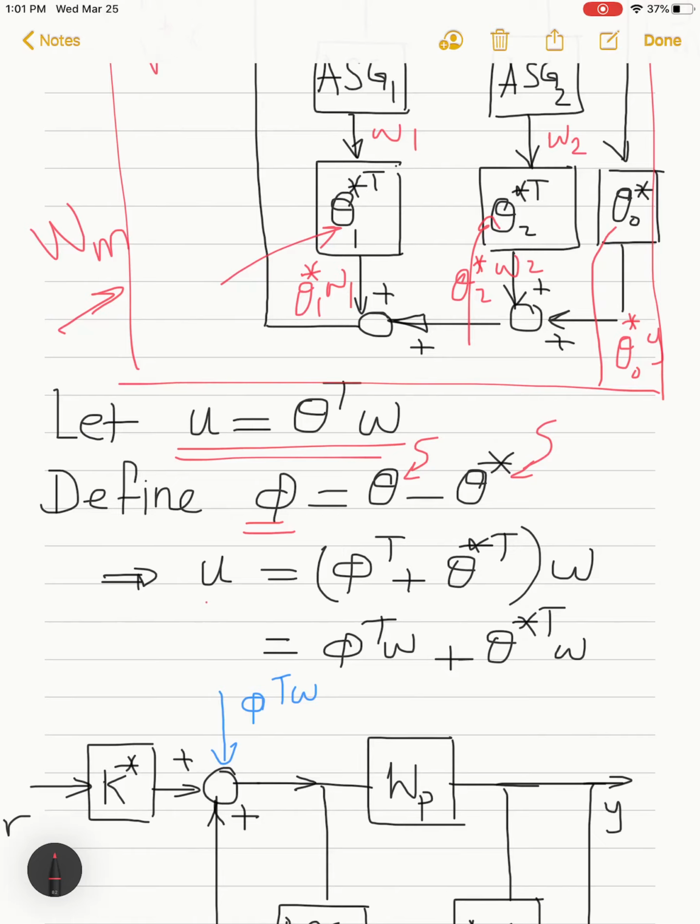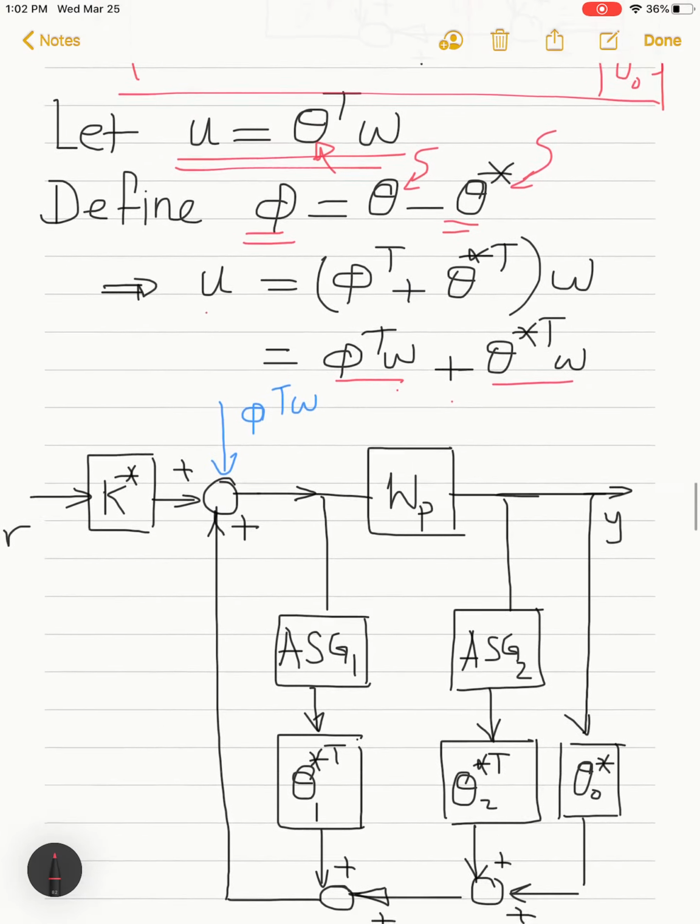This comes from substituting for theta in this equation by phi plus theta star. I can write this further as phi transpose omega, the error in the parameters times omega, plus the correct or the true values of theta transpose times omega.